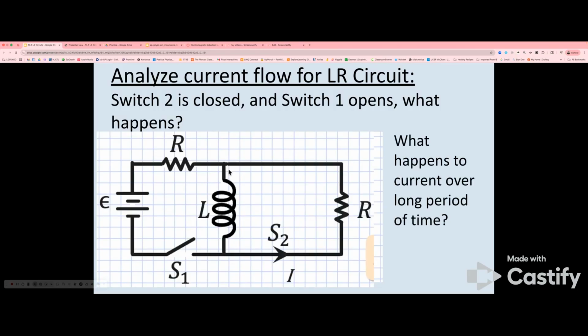So in this scenario, we've got a current going through our resistor here, but it's dissipating, and so we're going to have an exponential decay equation.